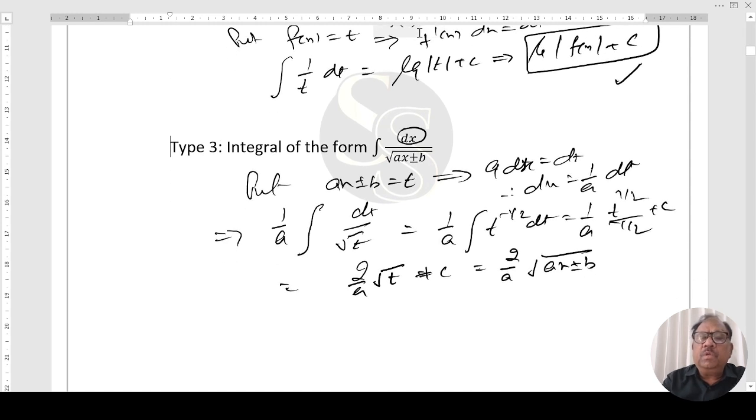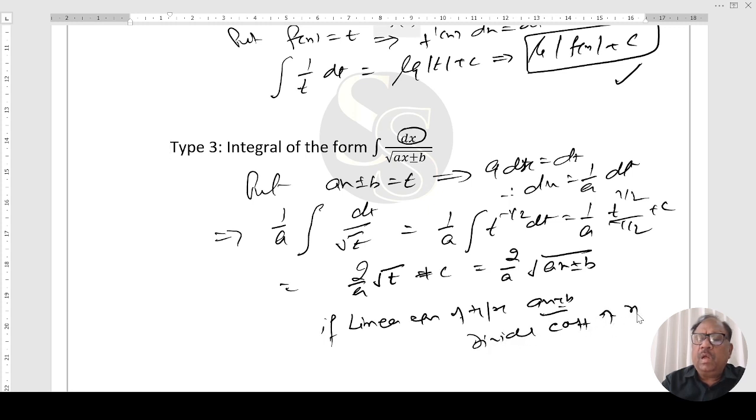If it is linear, of type ax plus b, divide by coefficient of x, and integration of 1 by root x dx equal to 2 root x plus c, we can use. Right?